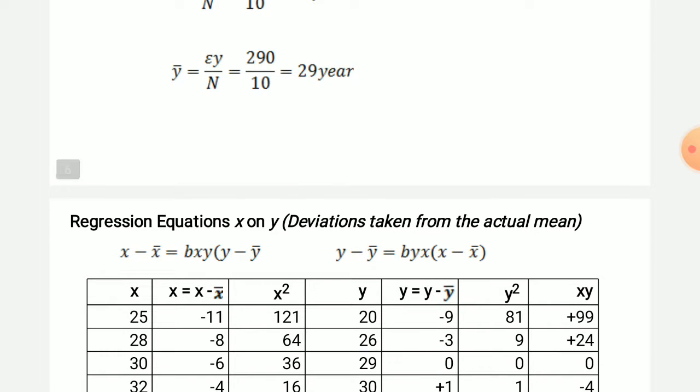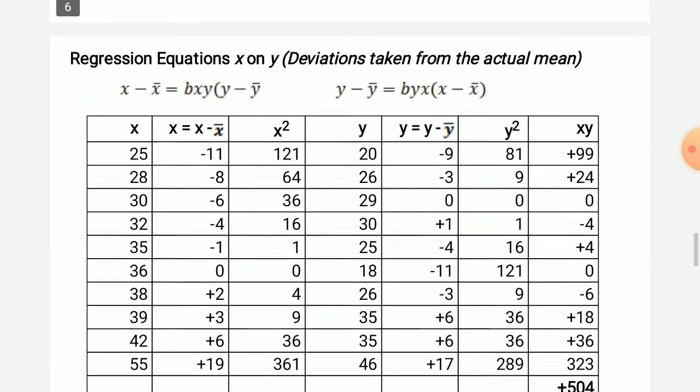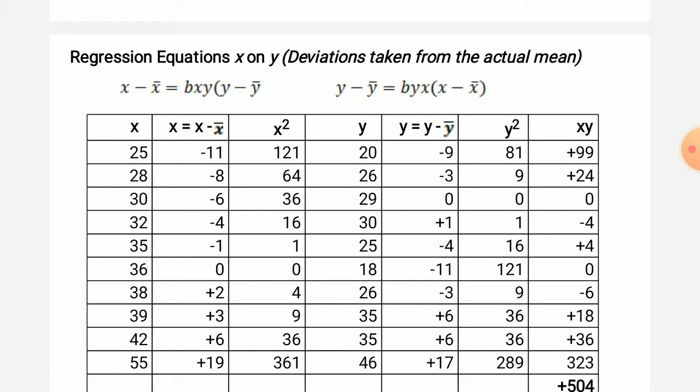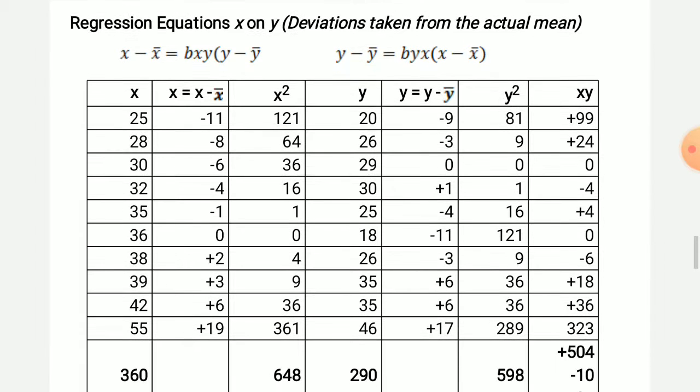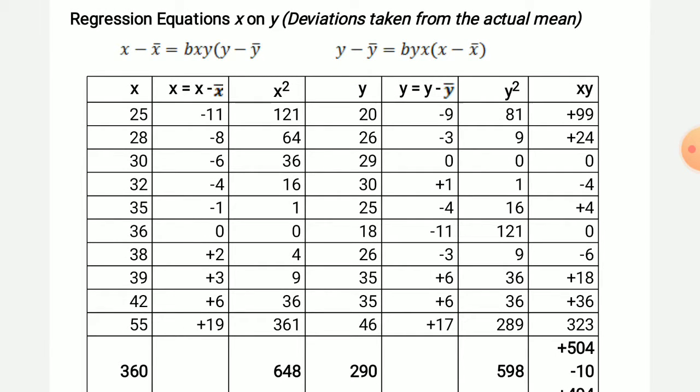Now the regression equation x on y, by taking deviations from actual mean, is x minus x bar is equal to bxy into y minus y bar. The regression equation y on x is written as y minus y bar is equal to byx into x minus x bar. Now the table we have to prepare here.